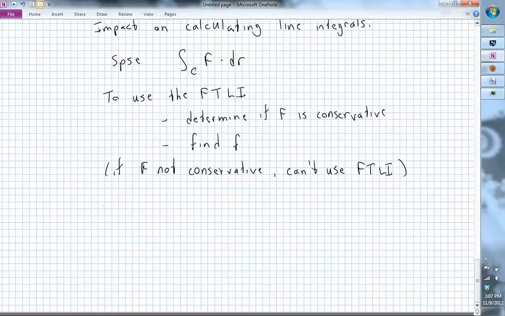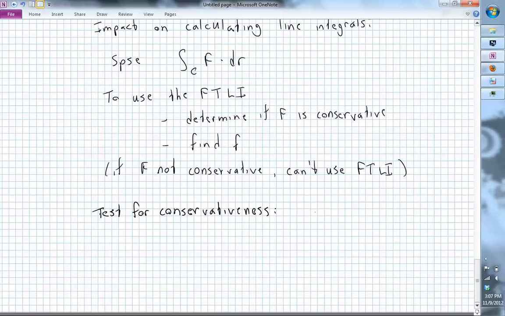So we're going to develop a test for this. A test for conservativeness follows from a couple of astute observations and then Clairaut's theorem.